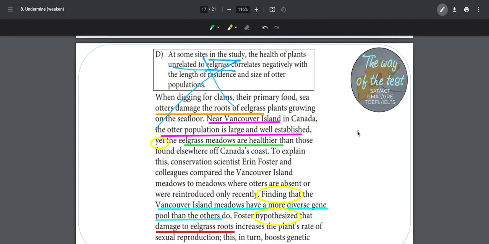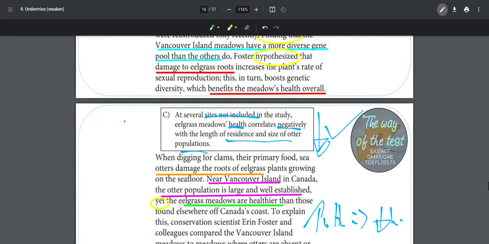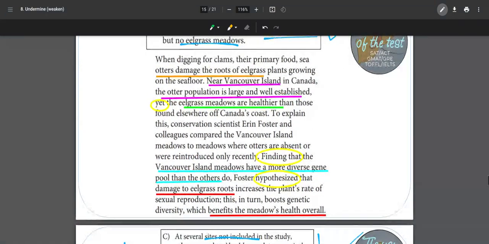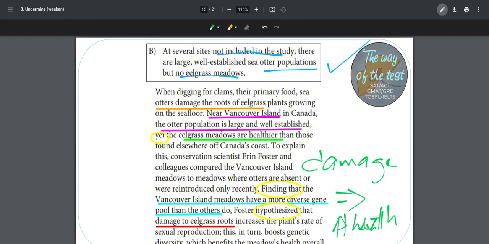Remember, we're trying to weaken the fact. What was the fact? That damage caused by otters increases the health. So the conclusion was damage increases the health. It says health here. So here it says at certain sites not included, a similar case, there's a lot of otter population but no eelgrass meadow. Let's try to analyze this.